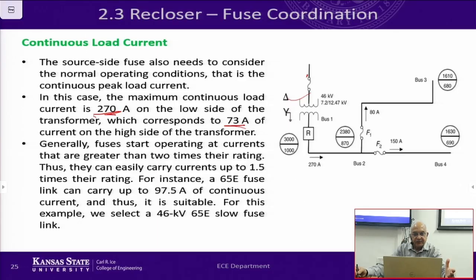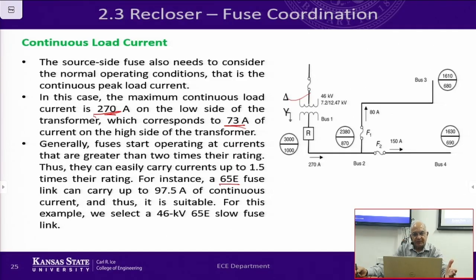Based on 73, we divide that by 1.5 and then we come up with a 65E fuse. This fuse can carry up to 97 amps of continuous current, and this particular fuse is okay for the location.